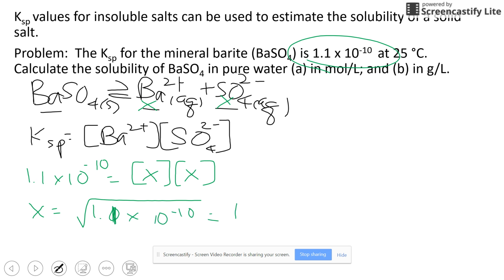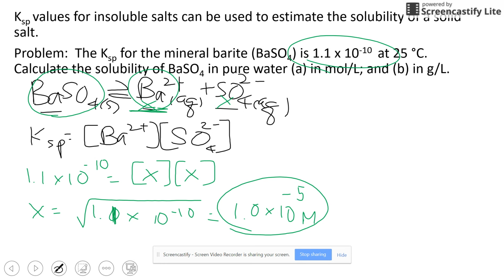You take out the root, it's going to be 1.0 times 10 to negative 5 molar. So that is the solubility of barium sulfate. How can we say that? Because the ratio between the barium and barium sulfate is 1 to 1, so we can simply say that the solubility of barium sulfate is 1.0 times 10 to negative 5.